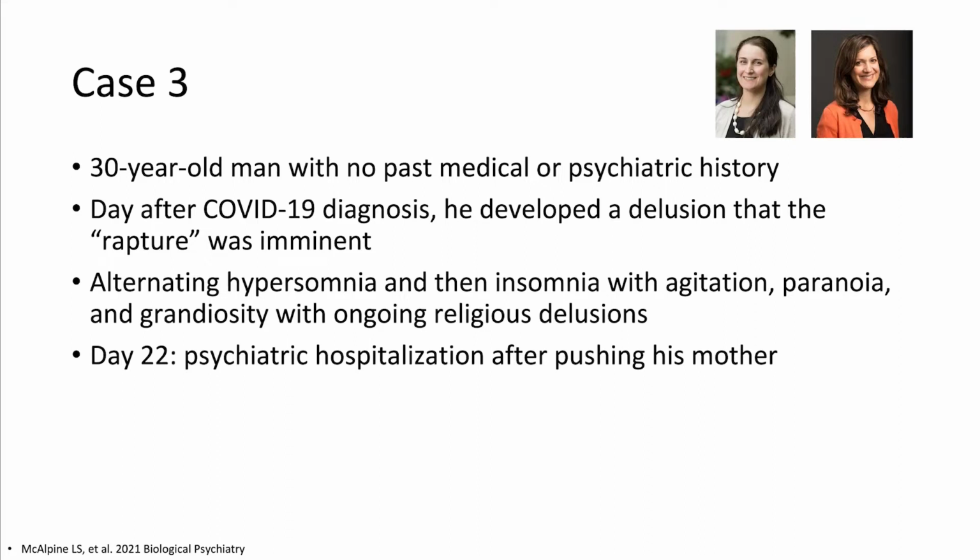So this is a case of a patient, a 30-year-old man who was previously healthy, that we evaluated together with our colleagues at Yale, Drs. Shelley Farhadian and Serena Spudich.